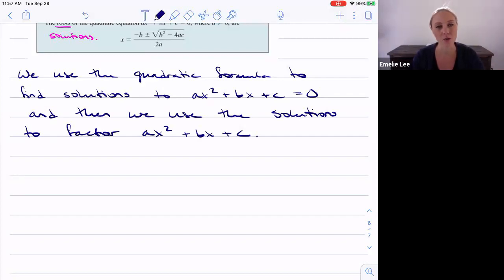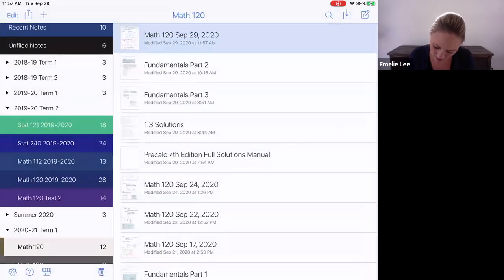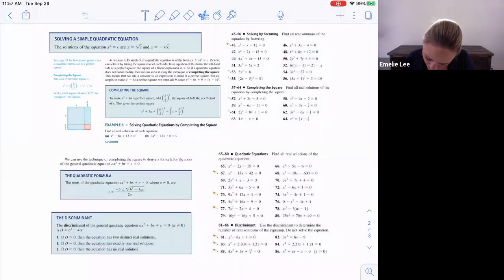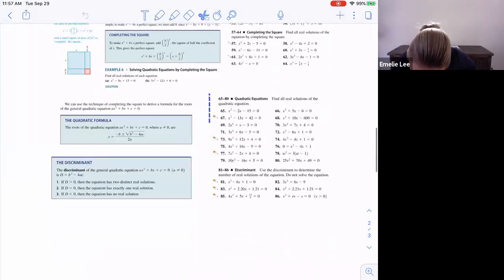Okay. So what I want to do is show quite a few examples actually, and they're pretty long, so just hang tight. All right, let's skip straight to here.